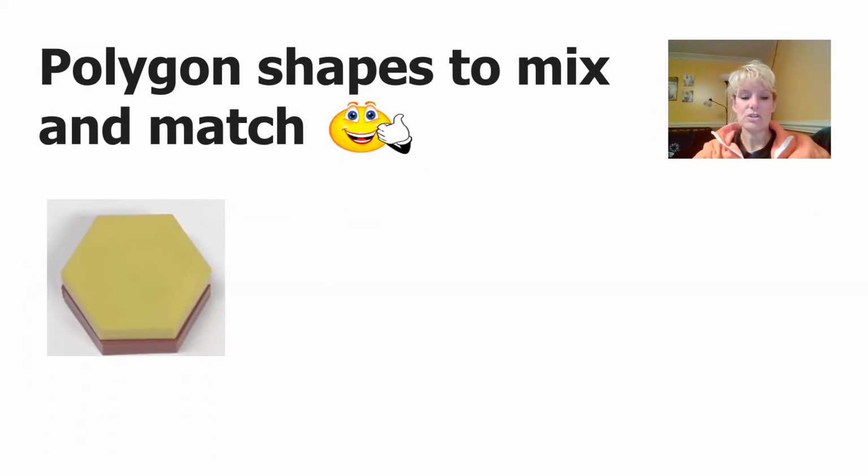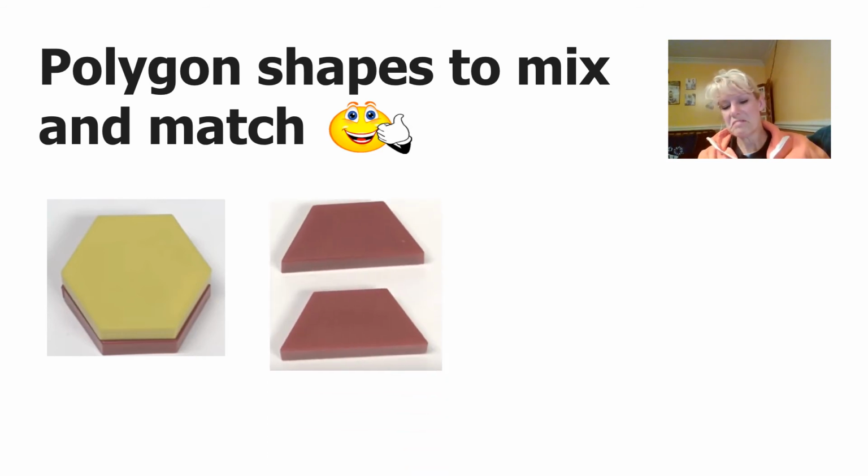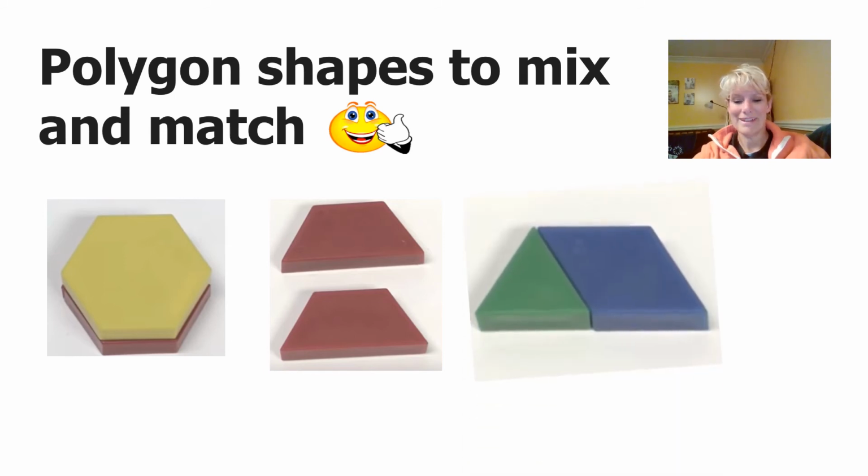All right, now there are 2 trapezoids underneath my hexagon. And so I decided, you know what, I'm going to undo that, and I am going to make something new. I'm going to actually take one of my parallelograms and one of my triangles, and I'm going to make a trapezoid. Do you see how I made a new shape with that?